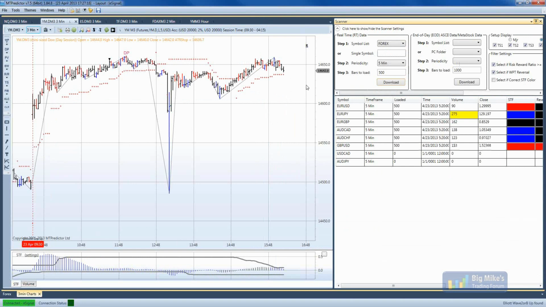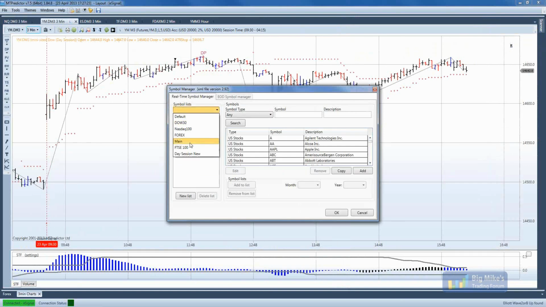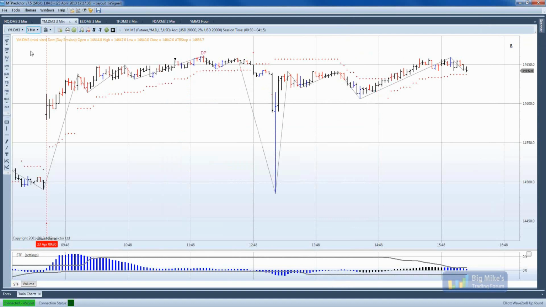We set up these by our symbol manager, and in here we can create any symbol list we want just by taking markets from our predefined symbols there, and you can just create lists as you wish to make them there.